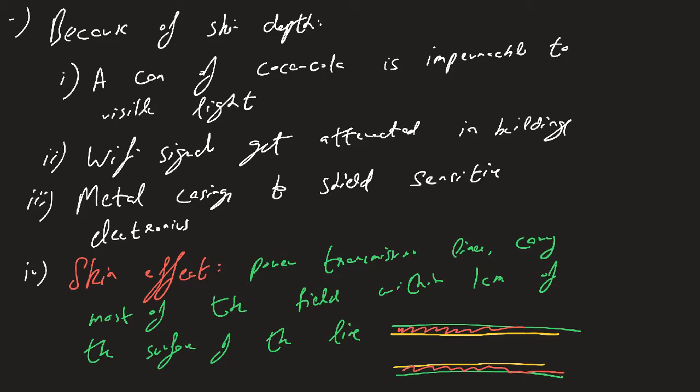If the mains frequency is 50 hertz or 60 hertz, that corresponds to 1 centimeter of skin depth. So in any power transmission line, most of the energy is carried in the first 1 centimeter, right?